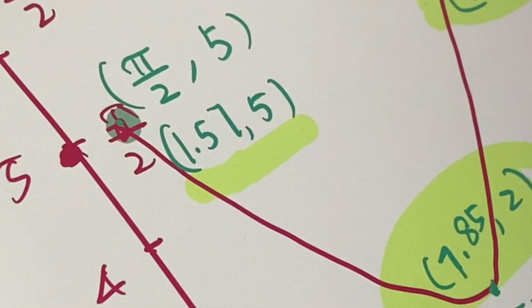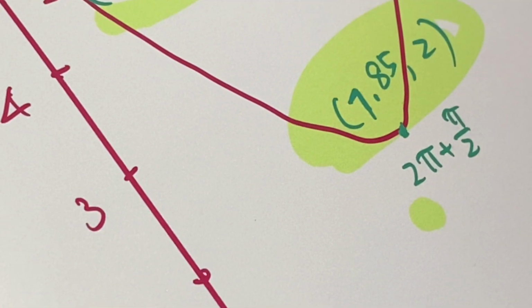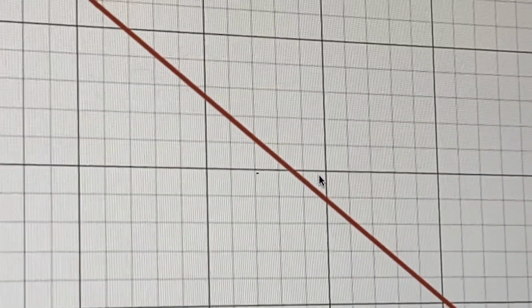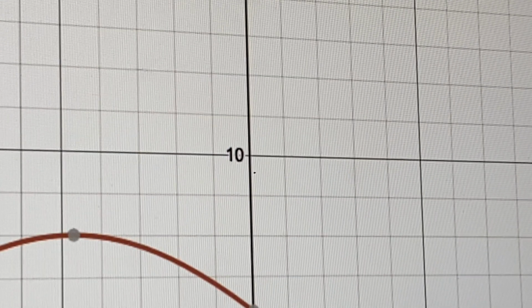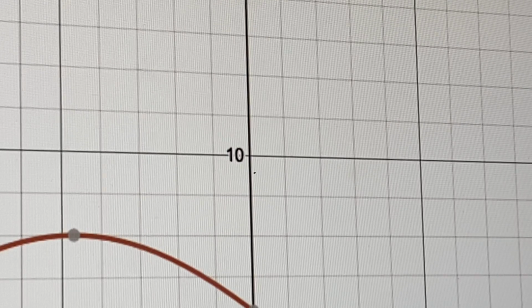Okay, point 2, let's take a look. 7.85 and 2. Okay, let's look for it. Y value is 2. This point, 5 pi over 2.